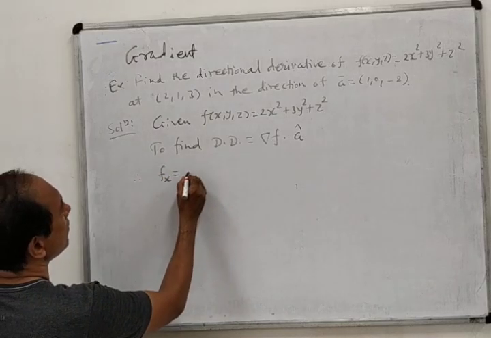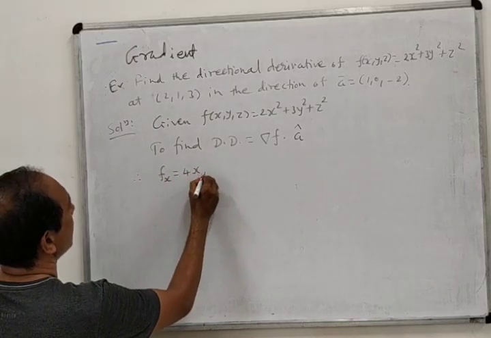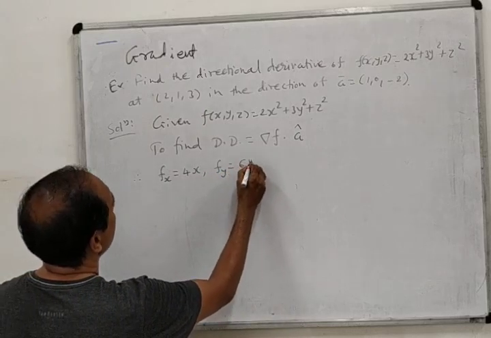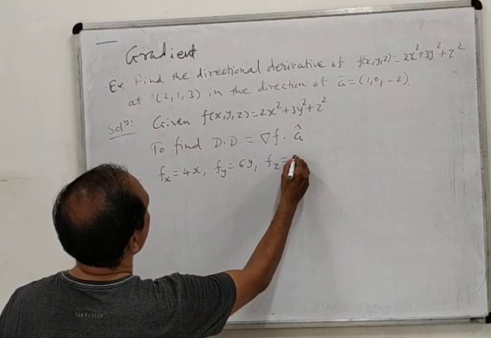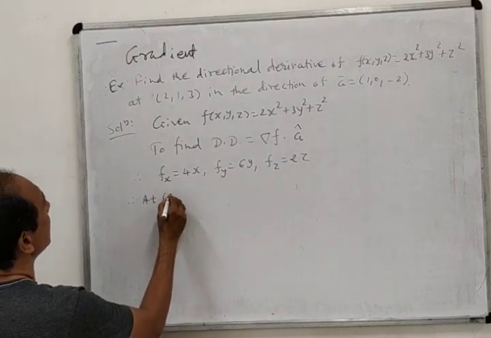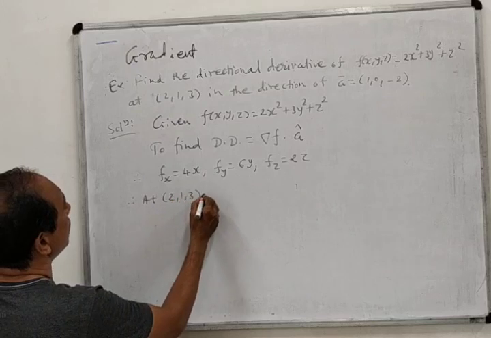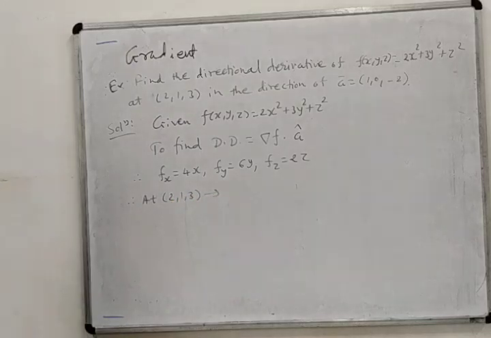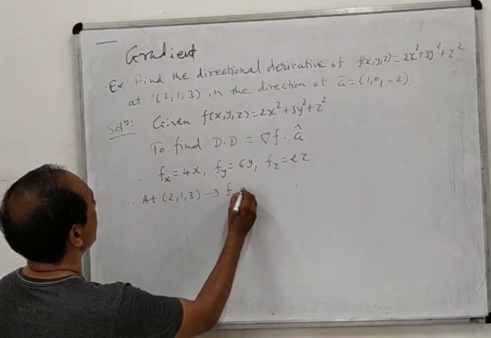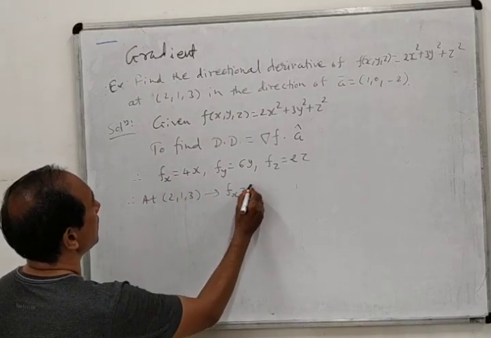Therefore f of x is what? Derivative with respect to x, so it is 4x. F of y is derivative with respect to y, so it is 6y. And f of z, derivative with respect to z, is 2z. And therefore at the point (2, 1, 3), that means x equal to 2, y equal to 1, z equal to 3, f of x, with x equal to 2, is 8.